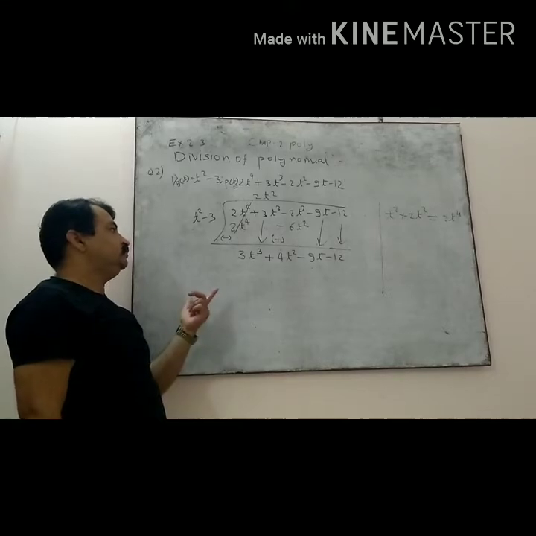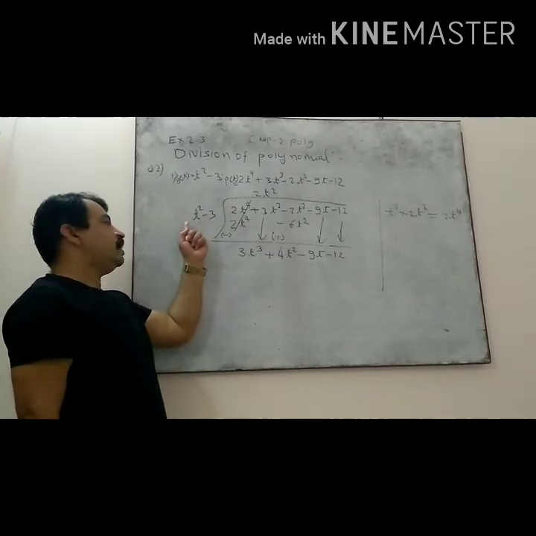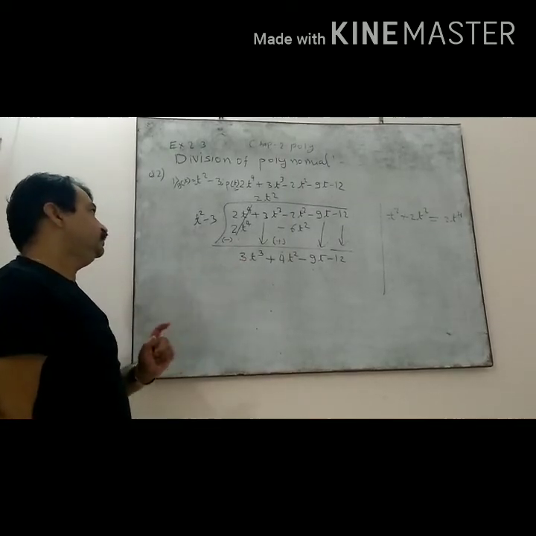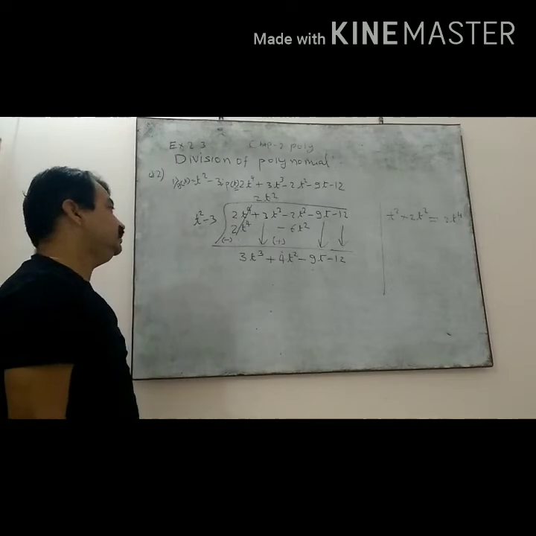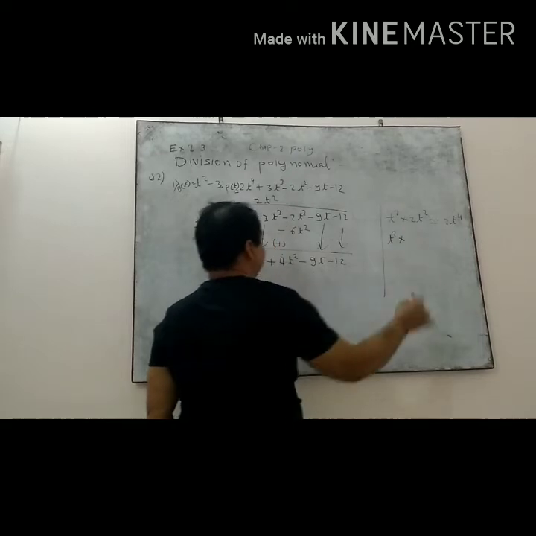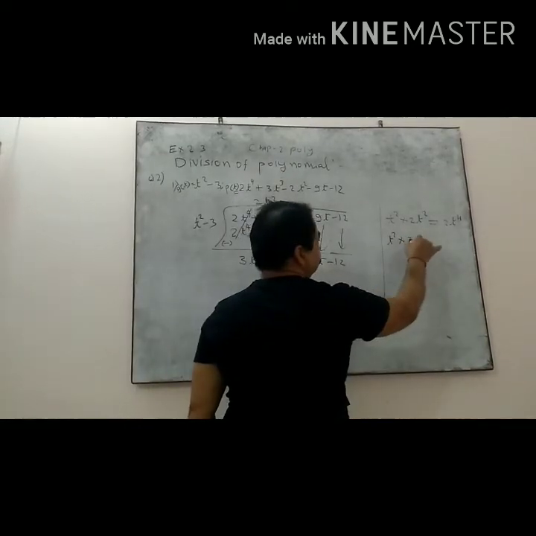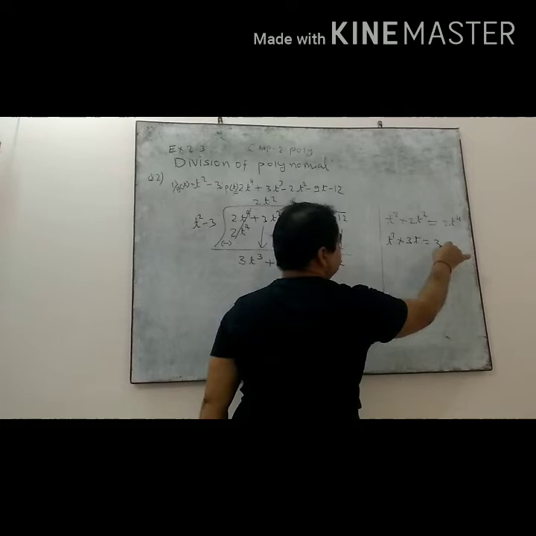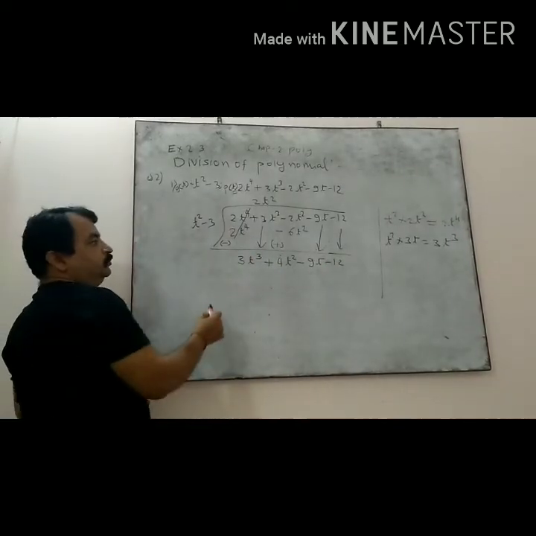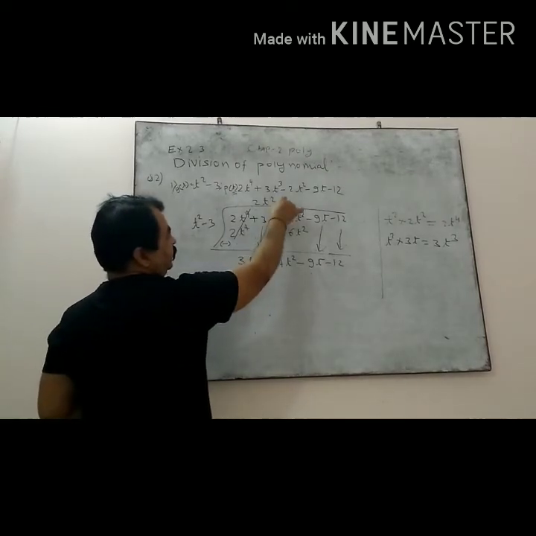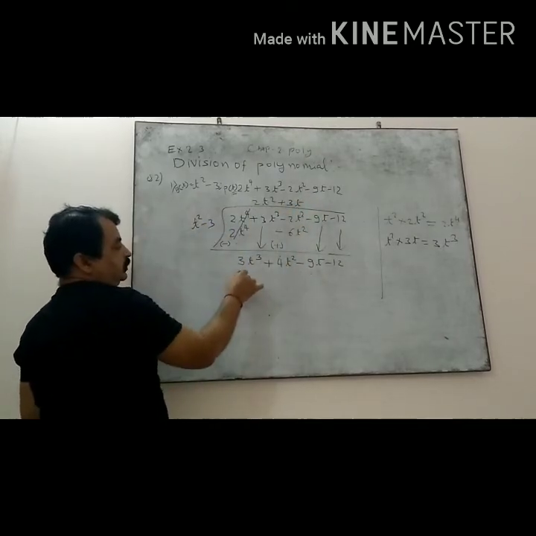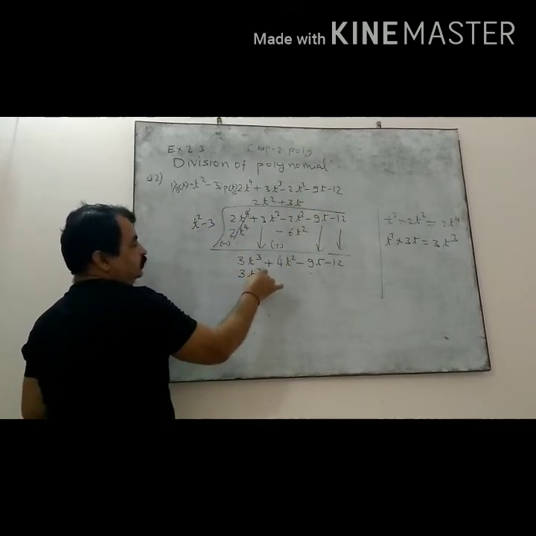Make the question by yourself. What do you multiply t square by to get the first term, 3t cube? So t square, definitely you will multiply with t with the coefficient 3. So t square multiplied with 3t gives 3t cube. So write here plus 3t. So 3t into t square gives 3t cube.